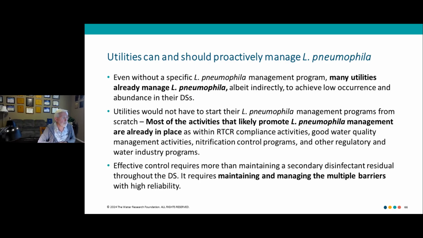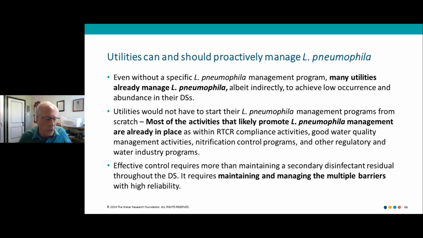Okay, let's run through some recommendations. Of course, researchers wouldn't have fun unless we could apply what we've learned. So utilities can and should proactively manage Legionella pneumophila. Now, the good news about that is we're already doing much of that to begin with. We already manage Legionella pneumophila probably indirectly.